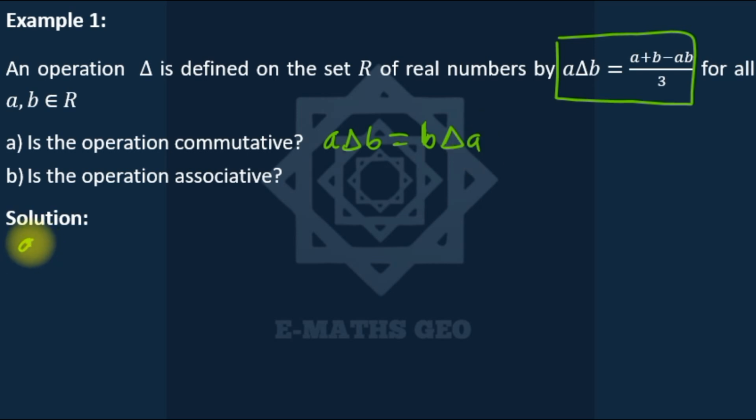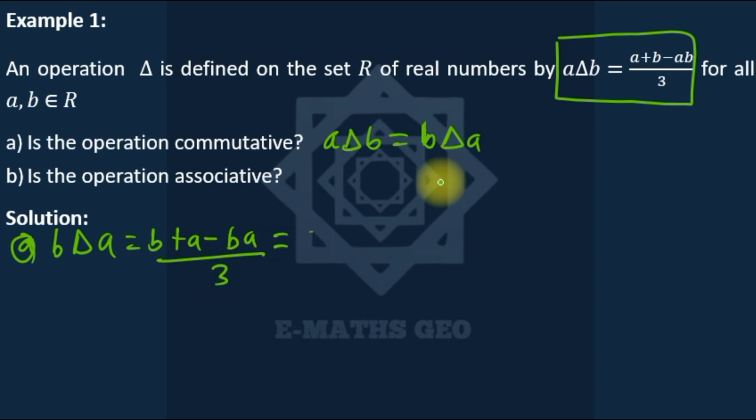So I will solve the two and know whether we'll get the same answer. Let's start with a triangle b, which they have given us. So let's do b triangle a. No need of wasting time. We now swap: b plus a minus b times a over 3, which is the same thing as a plus b minus ab over 3, which is a triangle b.